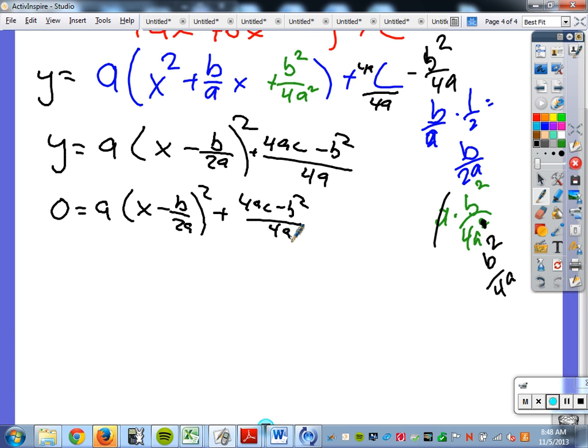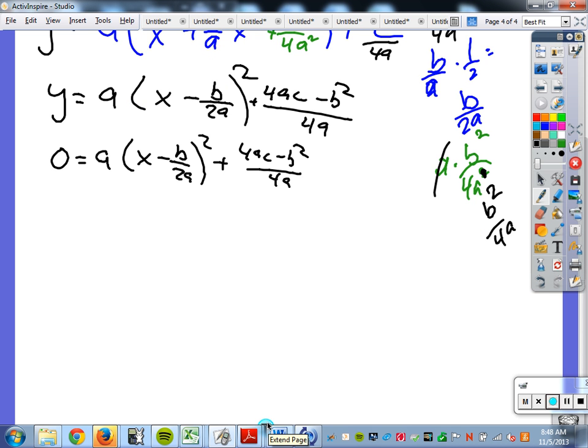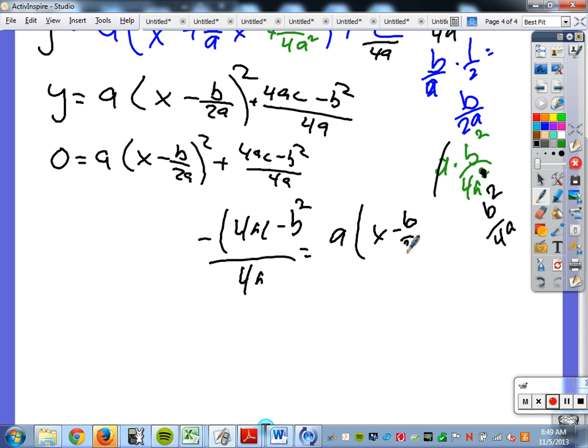So I want to get to here, so I need to subtract the 4ac minus b squared over. When I subtract it over, I get negative (4ac minus b squared) over 4a equals a times (x minus b over 2a) quantity squared.